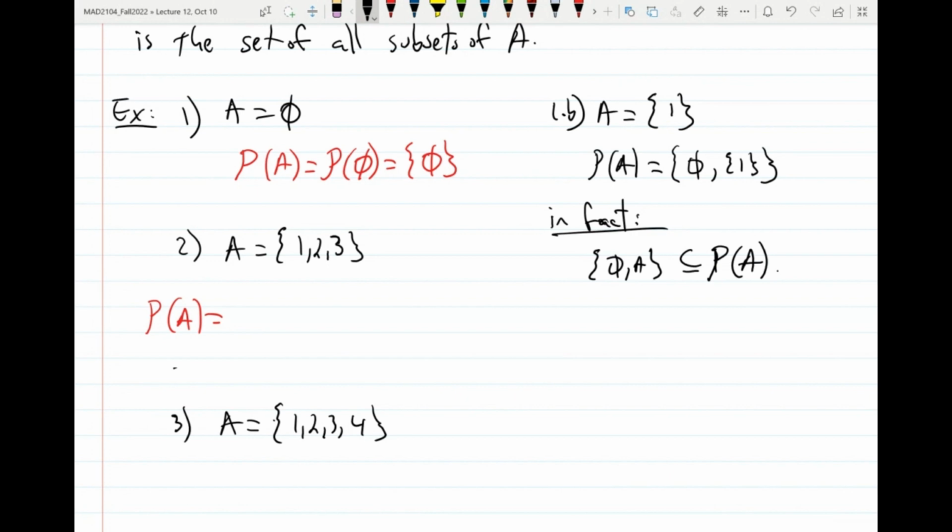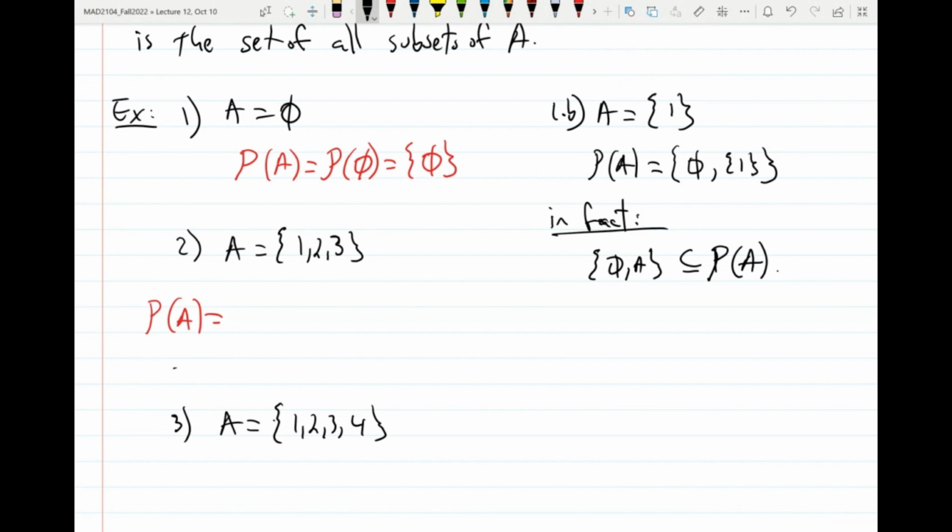In other words, every element here is an element in this set. So every time you write the power set of something, you will always have at least 2 guys, the empty set and the whole set itself. Now, there could be more stuff, okay? Keep in mind that when A is the empty set, it's not 2, it's just 1, because if A is empty, these 2 things are the same. Remember, repetition is not important, okay?